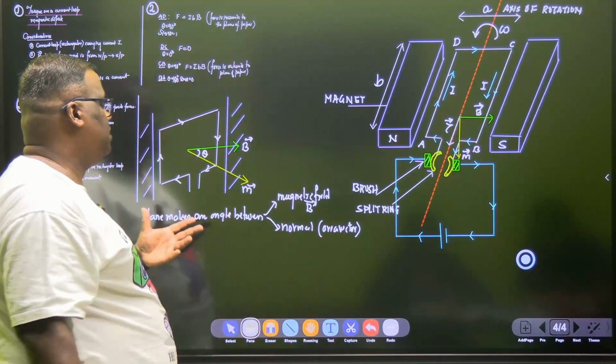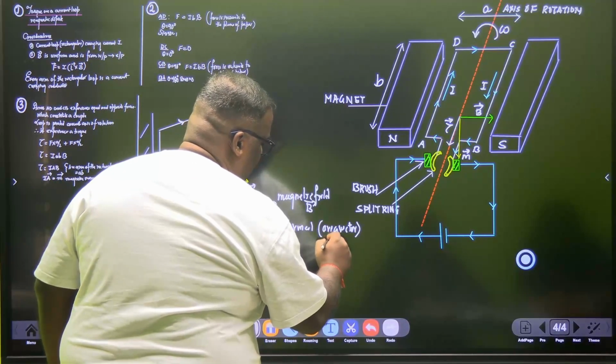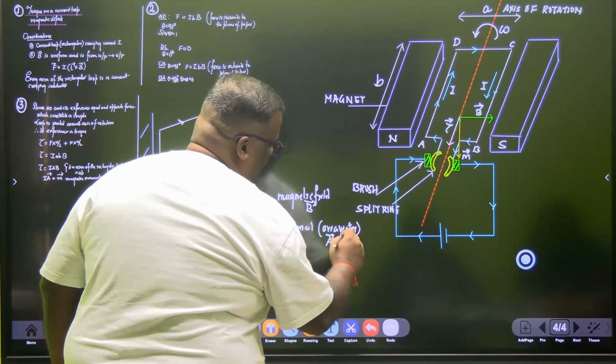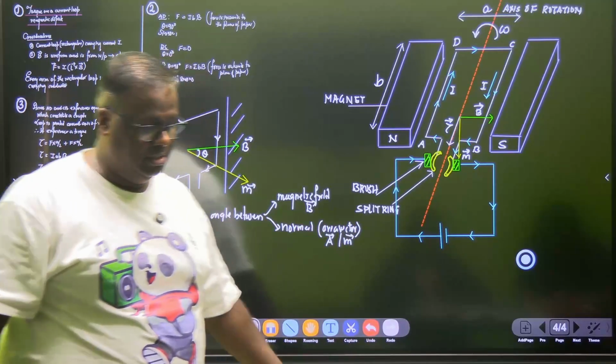So the plane is now making an angle between the magnetic field and the area vector. The area vector's direction and the magnetic moment's direction are the same, so you can use either one.